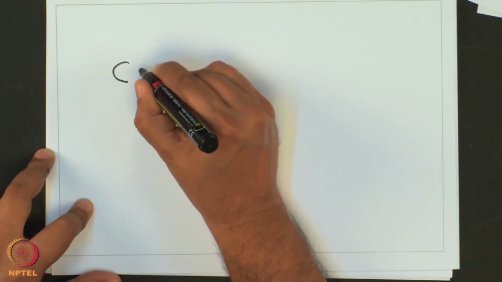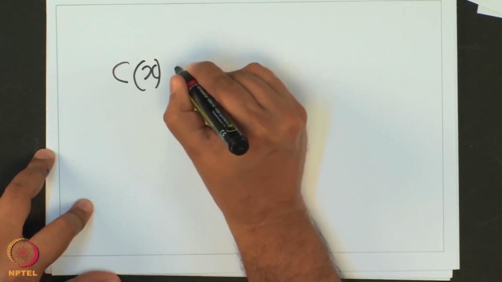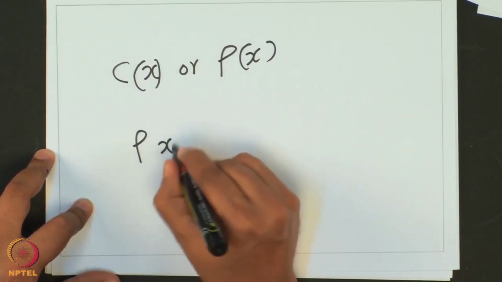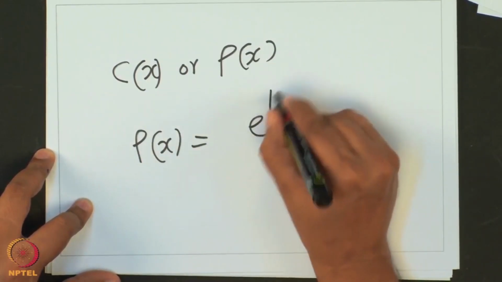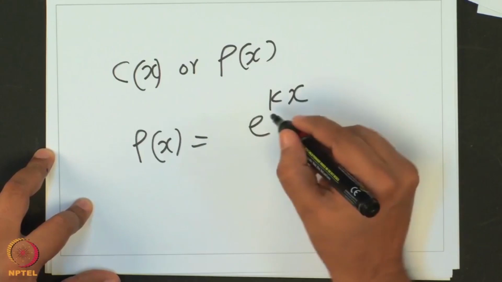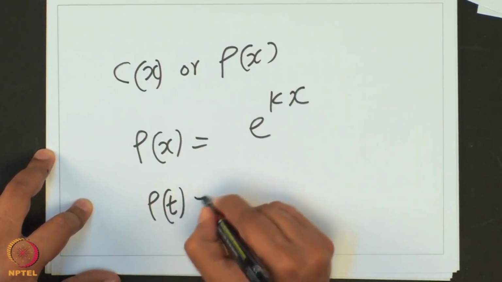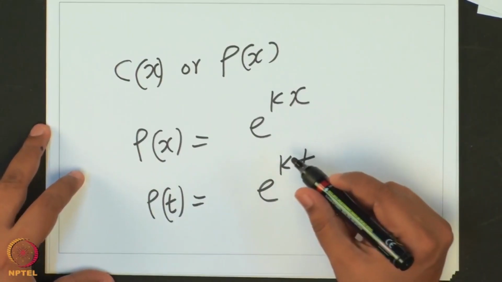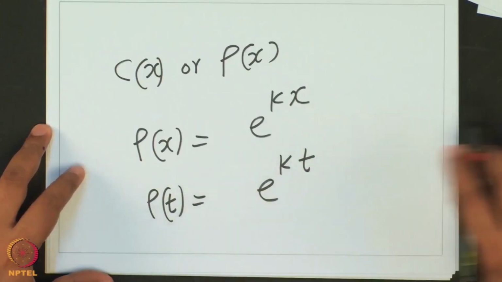So rho of t, the density at any time, is e^(kt), and this k would have an appropriate meaning.